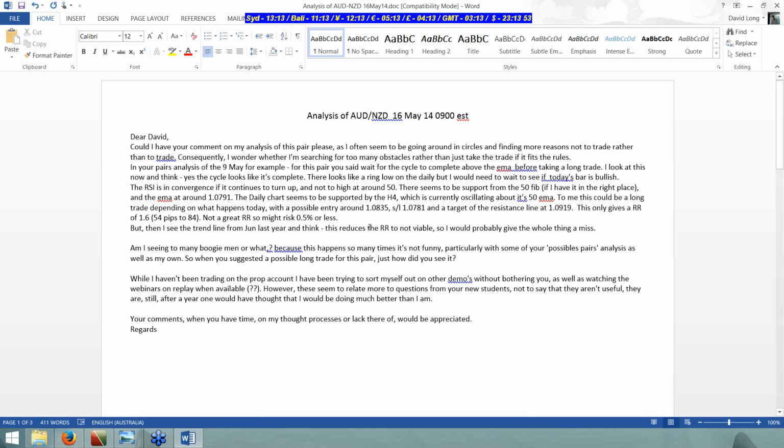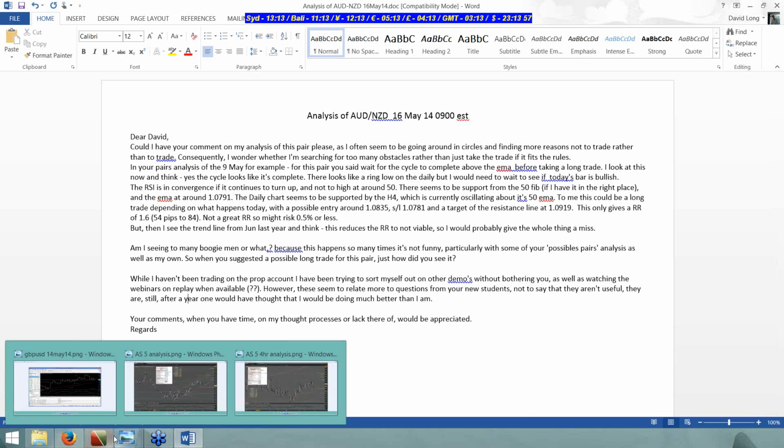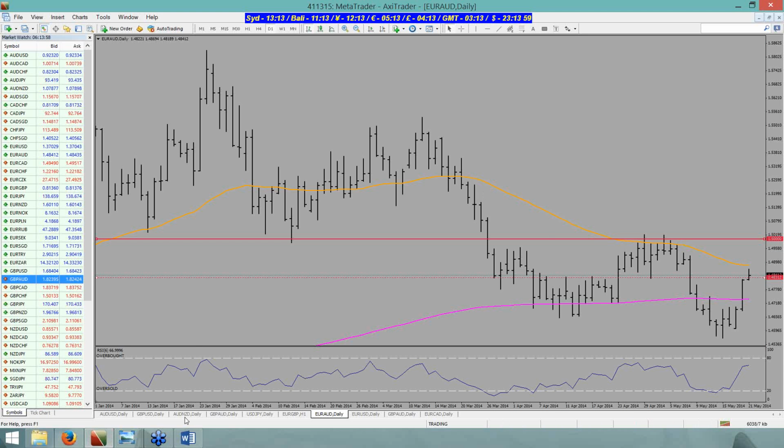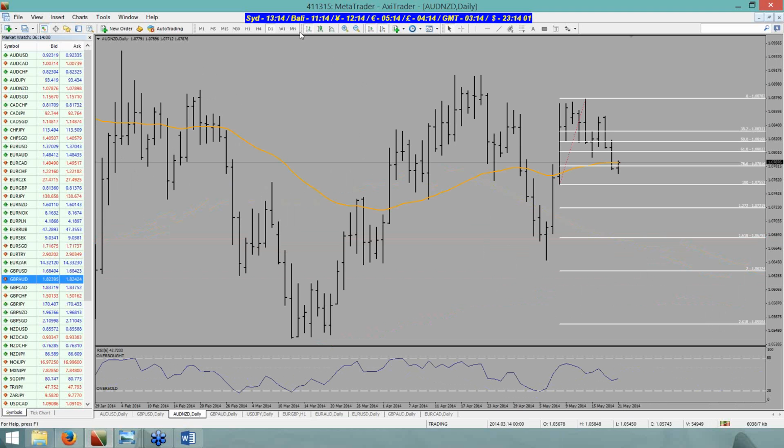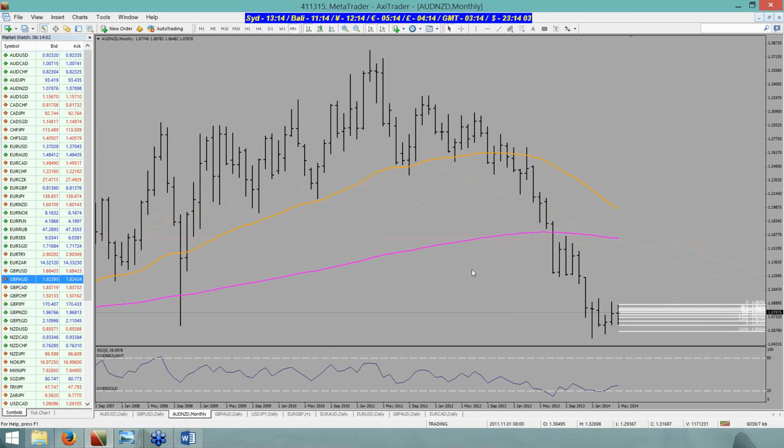Then I see the trend line from June last year and think, yeah, you look at the bigger picture and you go, this Aussie Kiwi has huge support down here, 105, has had a massive downtrend, is trying to turn that around, and it'll get back up here at some stage.